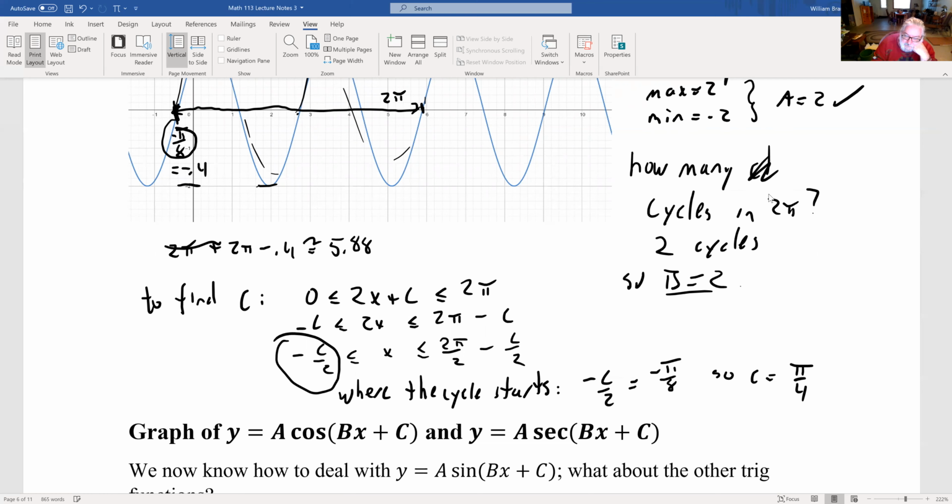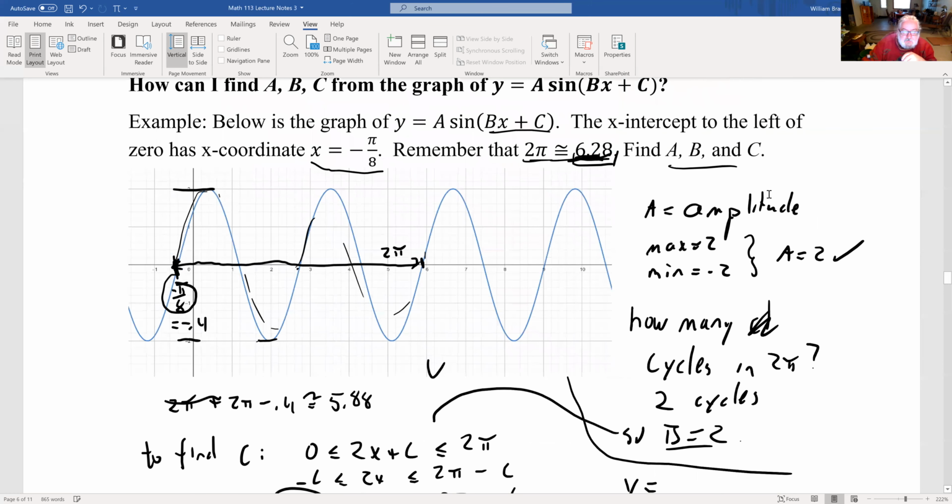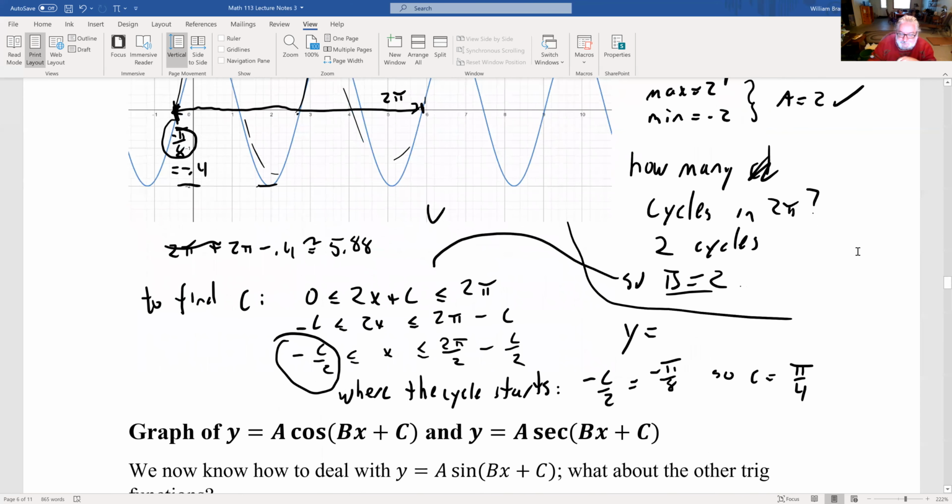And so our function is y equals 2, because that's A, sine of 2x plus pi over 4, because we calculated c to be pi over 4.